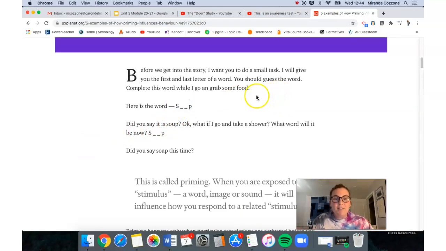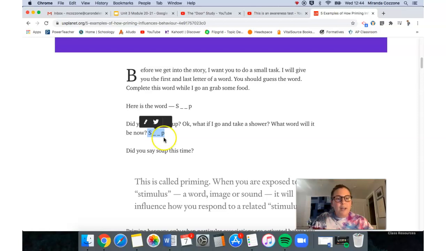And if I were to give this to you and then I said, hey, go do this while I grab some food, most people would be likely to see the word as soup. Versus if I said, okay, why don't you go ahead and do this while I take a quick shower, most people are now going to see that this word can be soap. Okay, so our context and our experiences around something shape our thoughts, feelings, and behaviors.